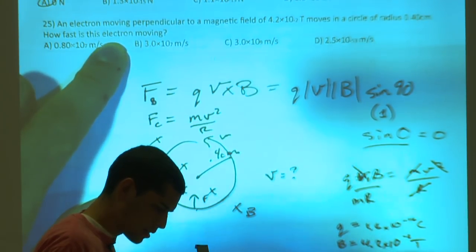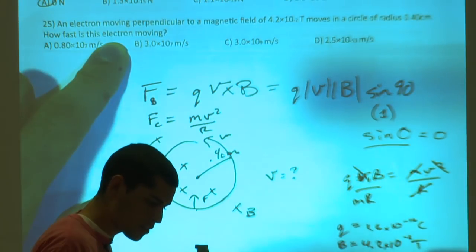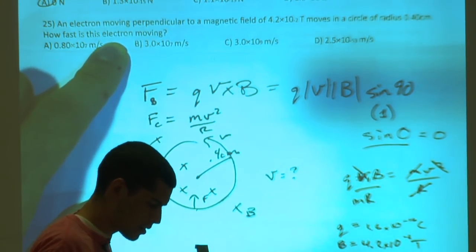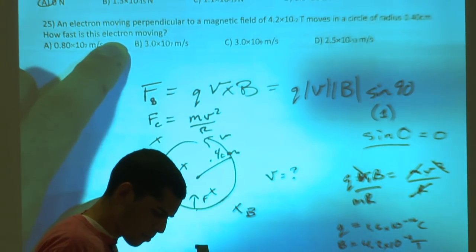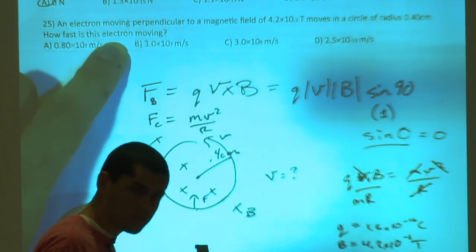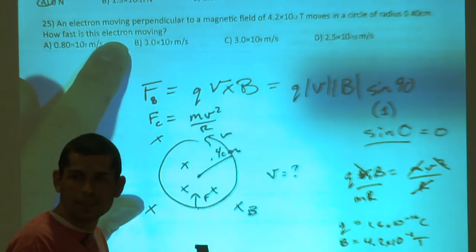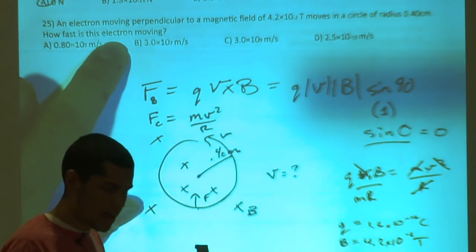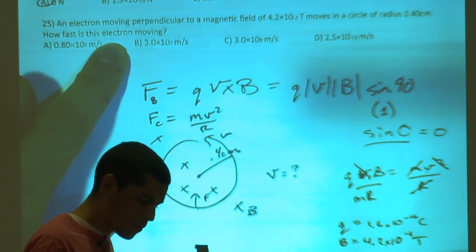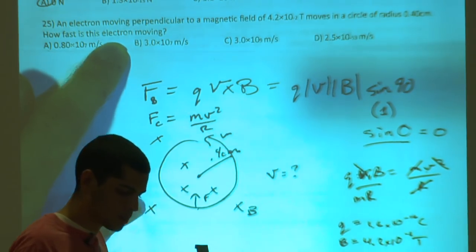And then we have radius is equal to 0.4 centimeters, but that's 0.004 meters, right? Going to SI units. What about mass? What's the mass of an electron? Yeah, so 9.11 times 10 to the negative 31 kilograms.